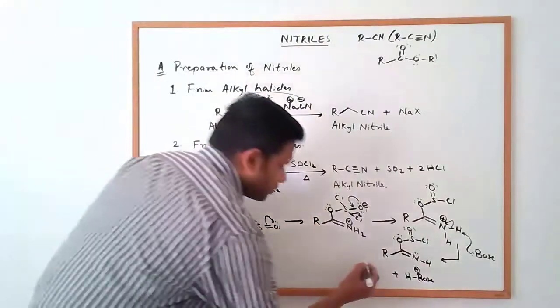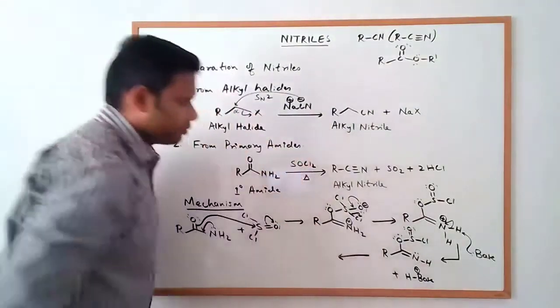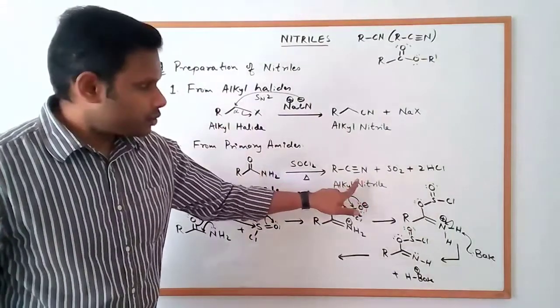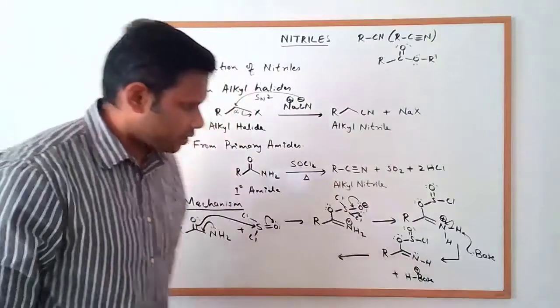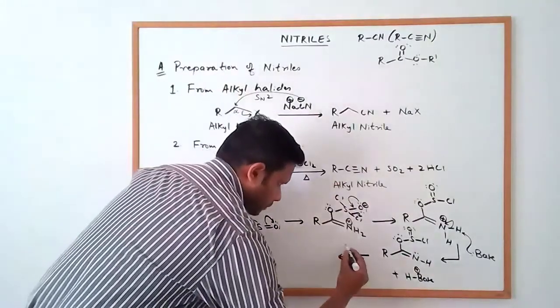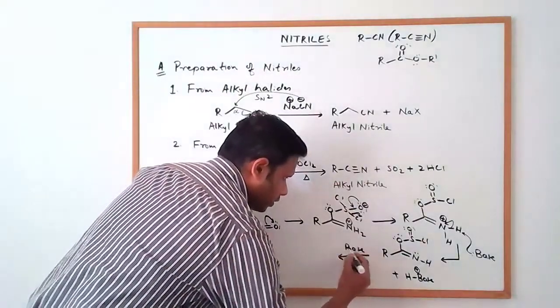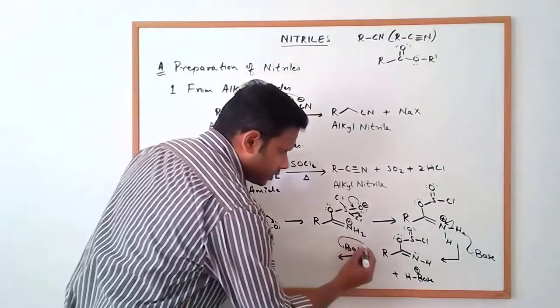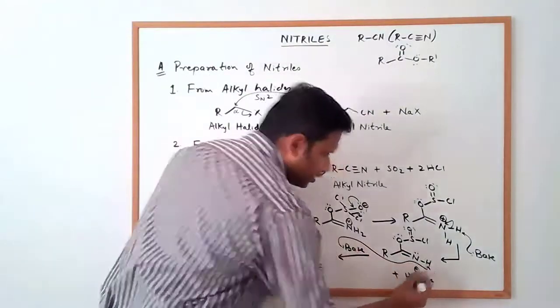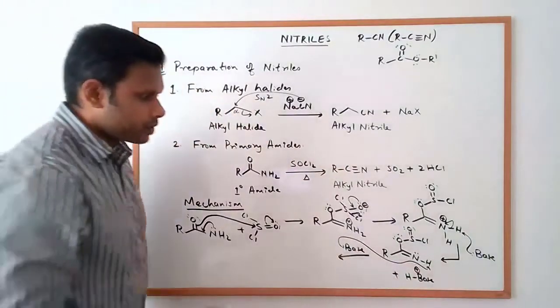And now from this intermediate, one last step, because we have to form the triple bond between this carbon and that nitrogen. Another molecule of base present in the system can deprotonate this hydrogen.